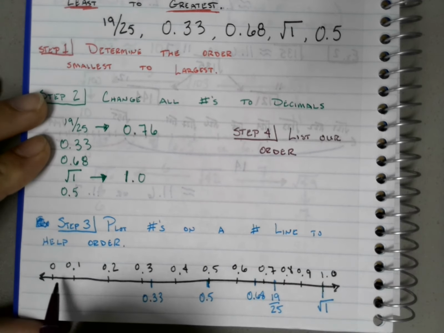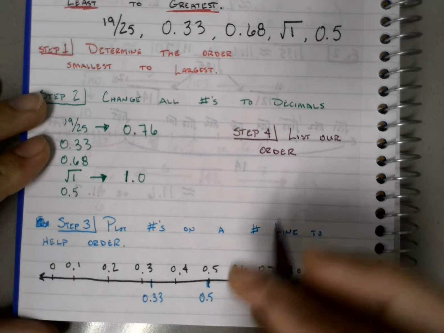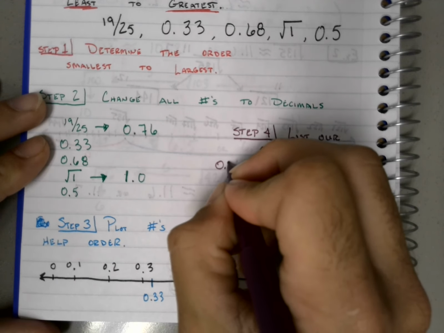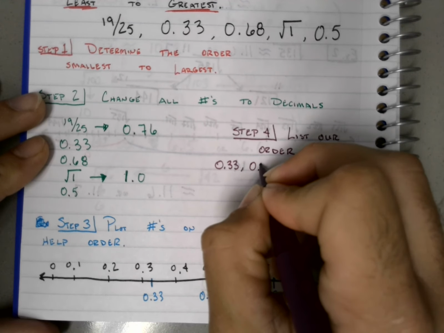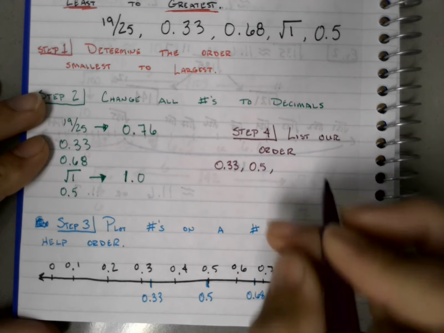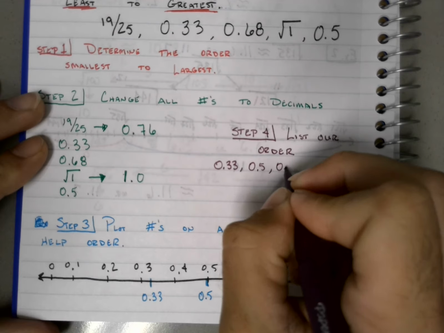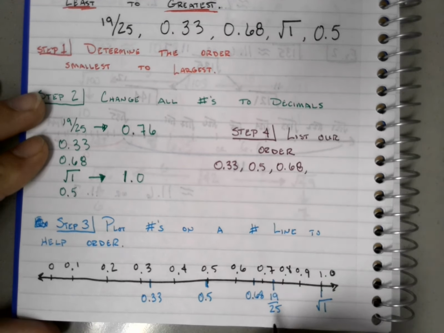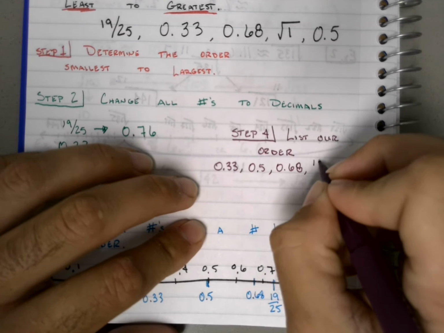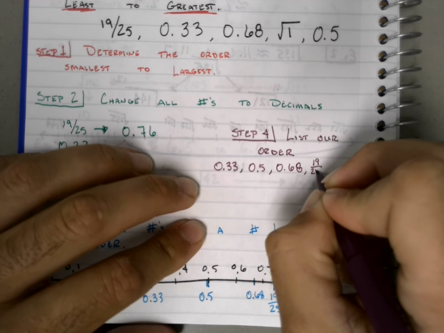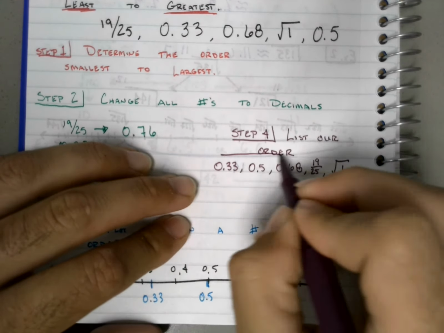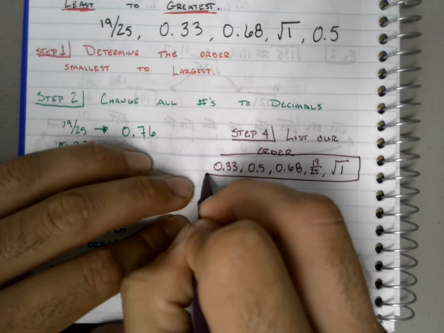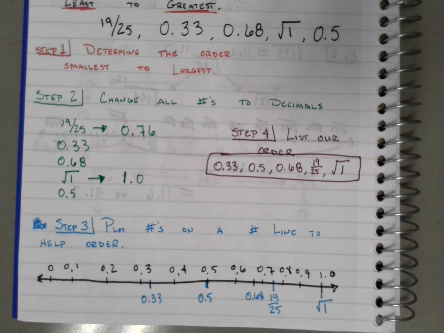And we're starting here and working our way up. So the first one is 0.33. Our next one is 0.5. Our next one is 0.68. And then 19 over 25. And my last one, square root of 1. And that is going to be our correct order.